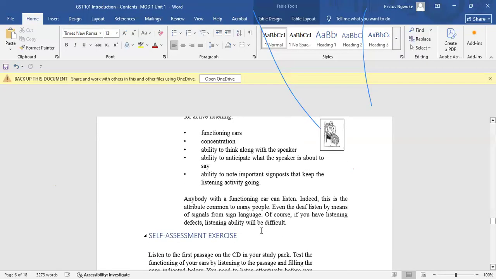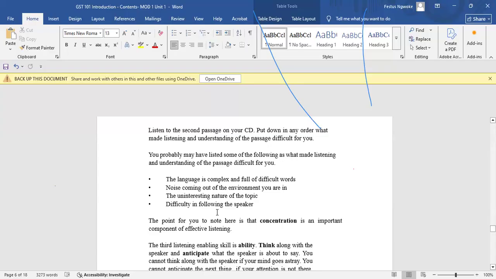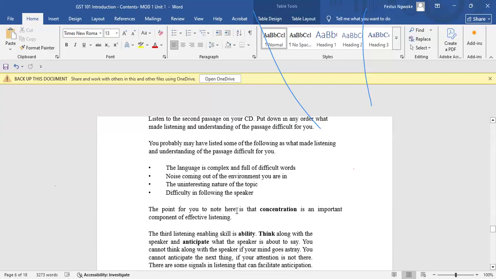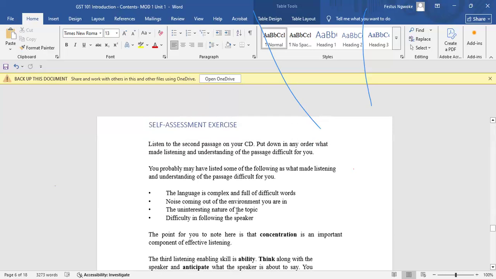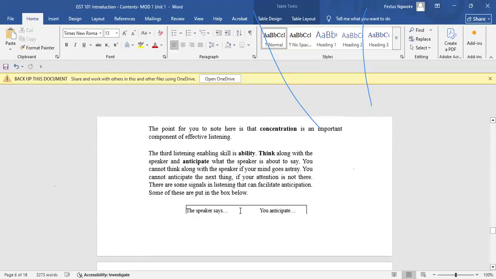So these are some of the listening skills we have been able to talk about. If I will repeat, I can just talk about concentration. First of all, if you are able to concentrate, you'll be able to think along with the speaker.